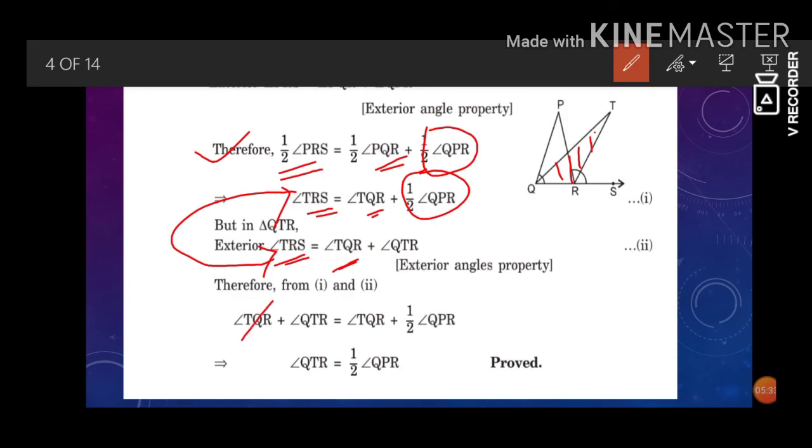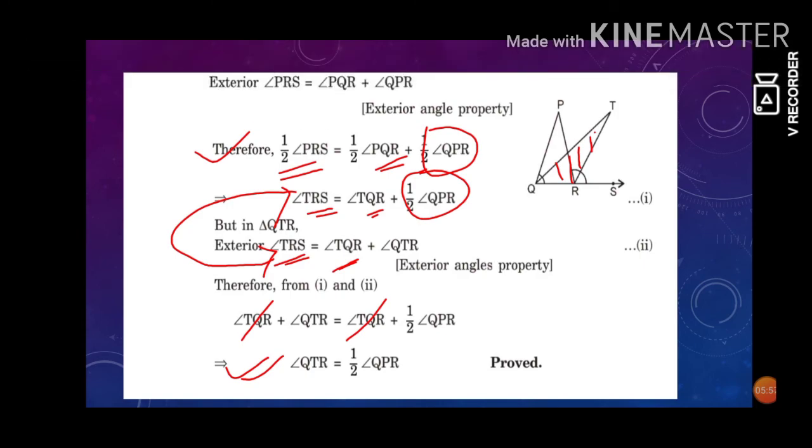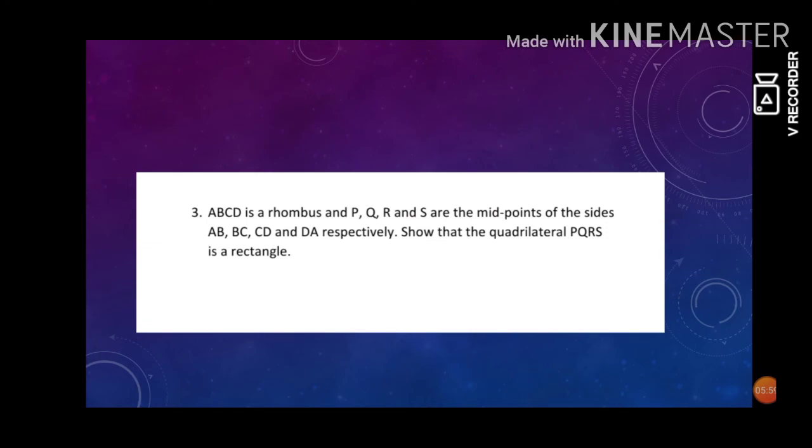Now these two parts are the same angle, one on the left and another on the right, so we can cancel them off. So we can write QTR = half of QPR. So what was required to be proved is achieved. Here we have used the exterior angle property. Question number 3.